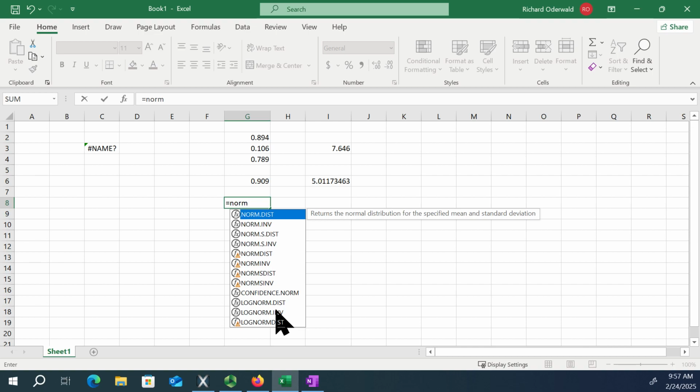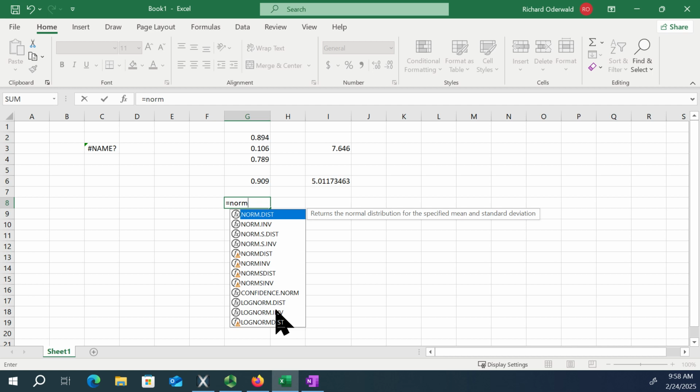Here's my norm.dist, the .inv. This is going to be the standard normal. We're going to need those eventually. But look here at norm, dist, norm, inv. Those are the old commands, and they are only in there to make sure that the system is backward compatible with previous versions of Excel.